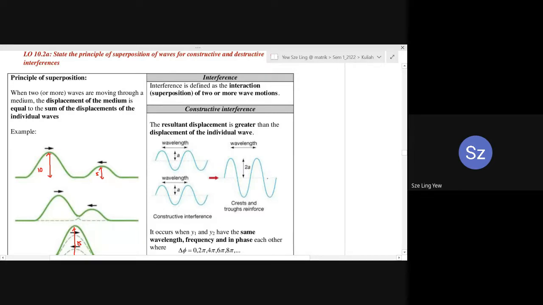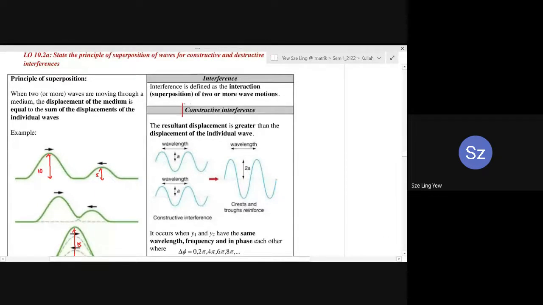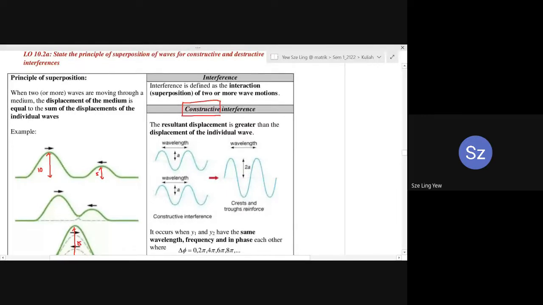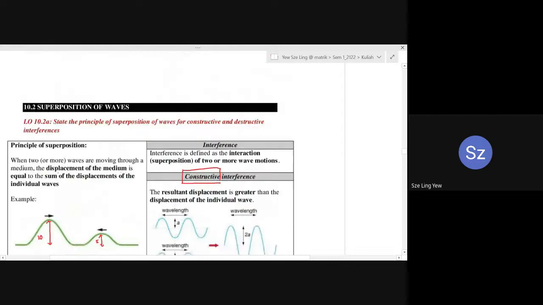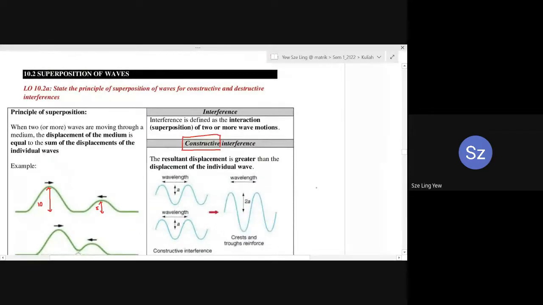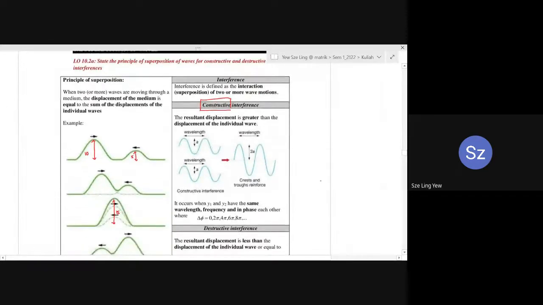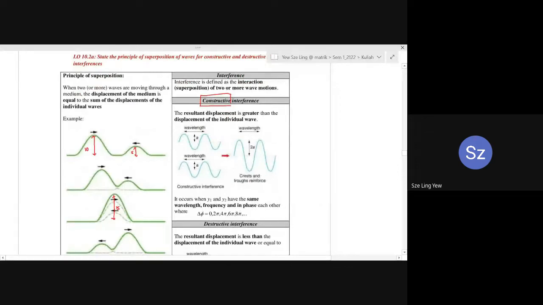What does it mean by constructive interference? Constructive means that your resultant displacement is greater than the maximum displacement before they overlap, before they superimpose with each other. So in constructive interference, the resultant displacement is greater than the displacement of an individual wave.